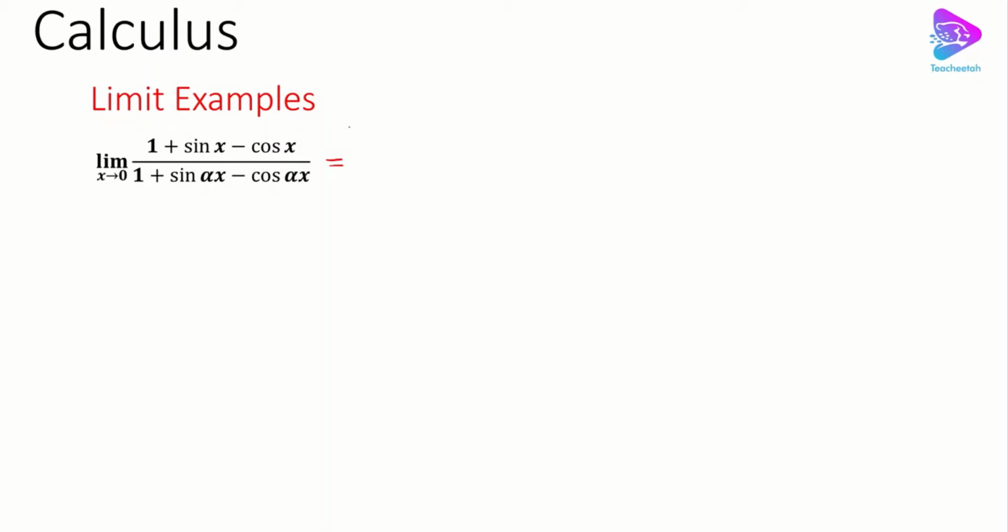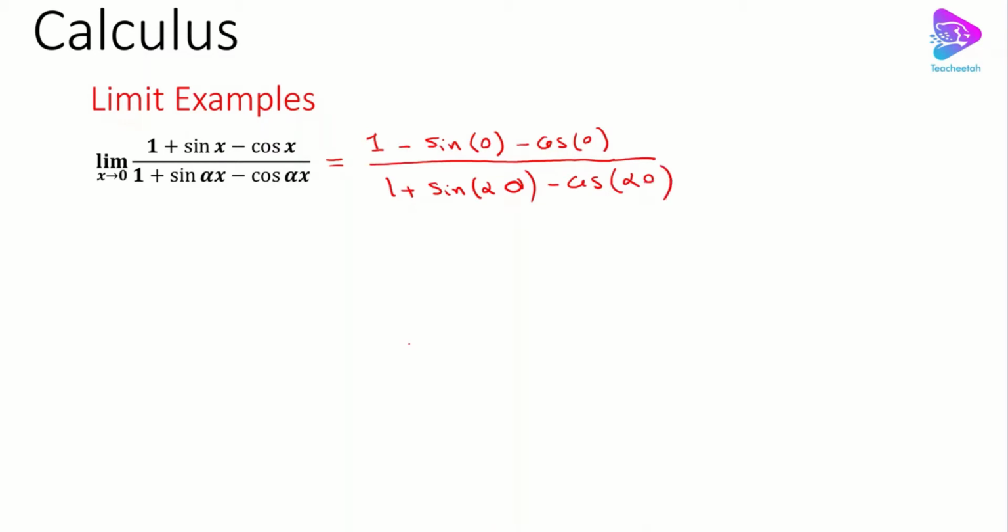If we plug in 0, we will see 1 plus sine 0 minus cos 0 over 1 plus sine alpha times 0 minus cos alpha times 0, and this will result in basically 1 plus 0 minus 1 over 1 plus 0 minus 1, which gives 0 over 0 at the end.